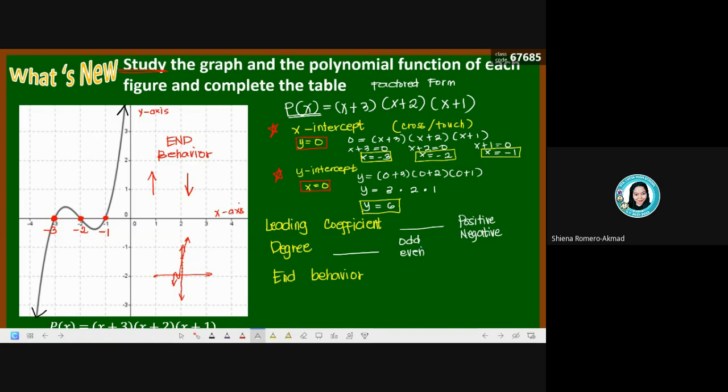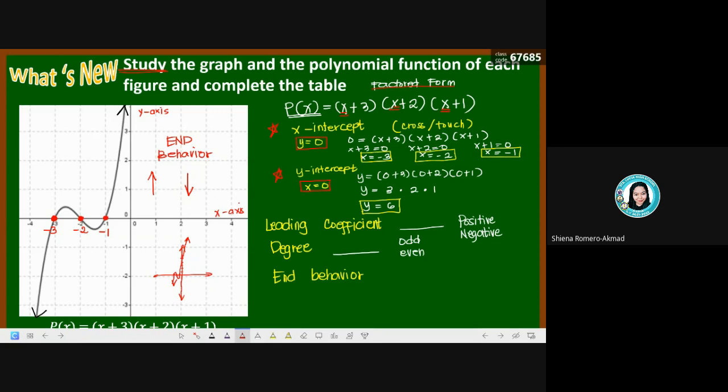Now, ano nga ba yung leading coefficient ng ating given? So, para malaman yung leading coefficient, all you have to do is to multiply all the variable x. Okay, dahil naka-factored form tayo, all you have to do is to multiply all the variable x.